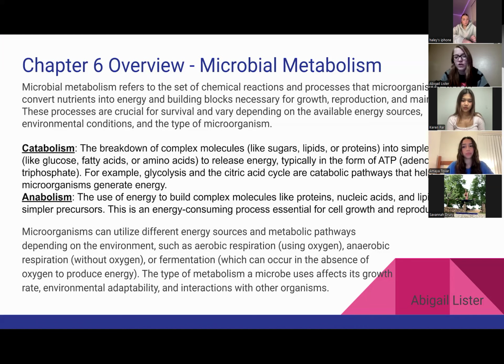Microorganisms can utilize different energy sources and metabolic pathways depending on the environment, such as aerobic respiration using oxygen, anaerobic respiration without oxygen, or fermentation, which can occur in the absence of oxygen, to produce energy. The type of metabolism a microbe uses affects its growth rate, environmental adaptability, and interactions with other microorganisms.